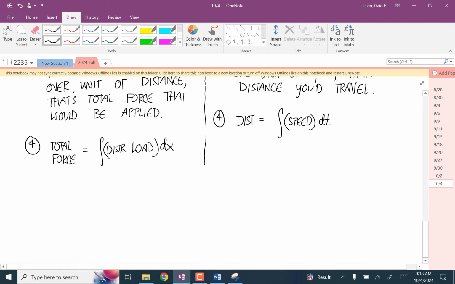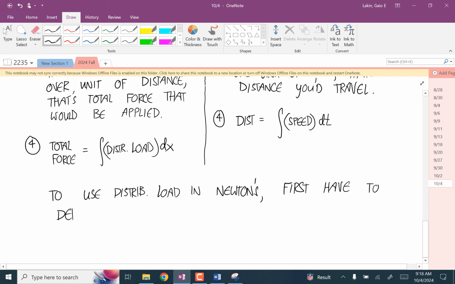In order to use a distributed load in Newton's laws, you first have to define an equipollent system. Remember what an equipollent system is? Anybody want to try to define it?